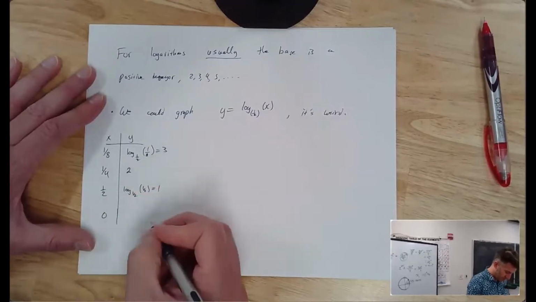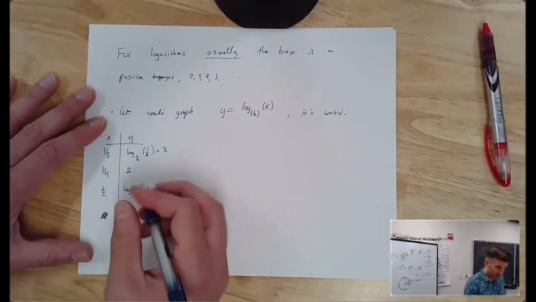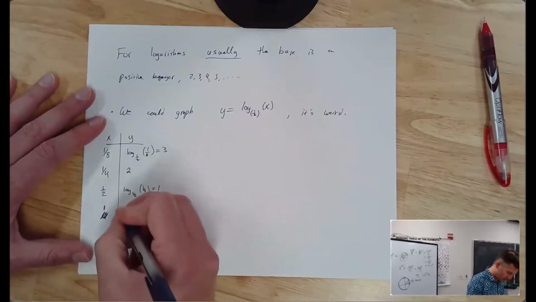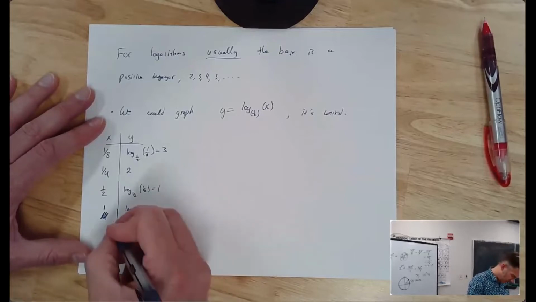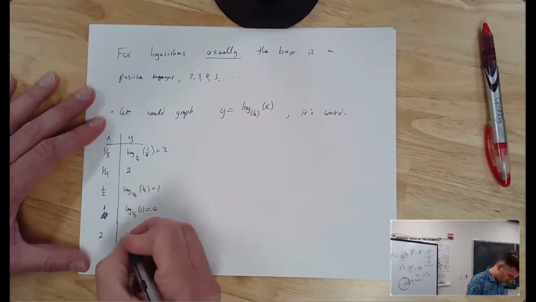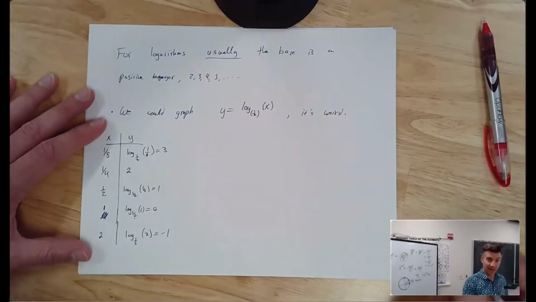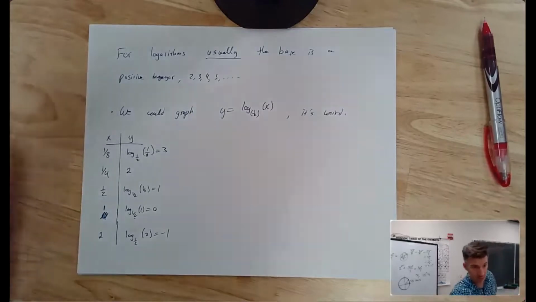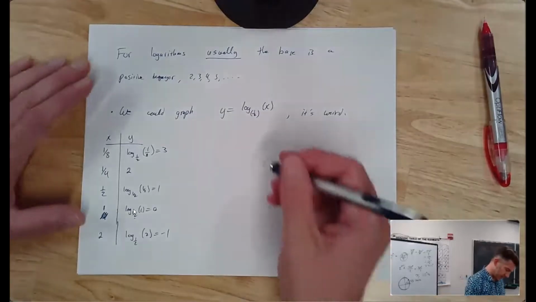If I pick 0, sorry, you can't pick 0. You can't plug in 0 to a logarithm. If you pick 1, log of 1 is always equal to 0 because 1/2 to the 0th power is equal to 1. And if you pick something like 2, log base 1/2 of 2 is equal to -1 because 1/2 to the -1 power is equal to 2. So if we start graphing this, let's see what we get.